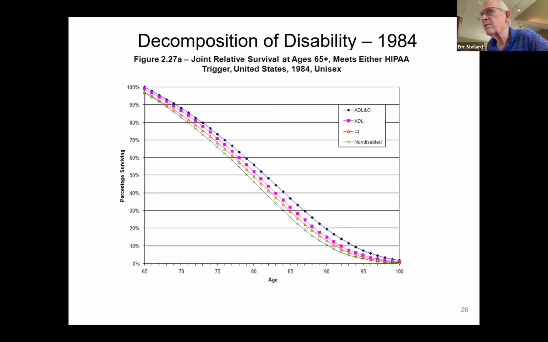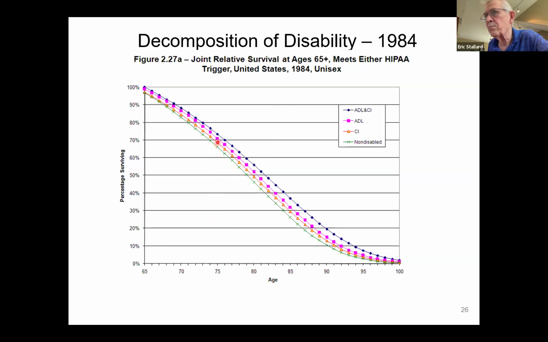If you're talking about compression, you normally look at a life table survival curve beginning at age 65. What I have here is a stacked line chart with markers. If you go vertically up, it shows the fraction of the population that is alive and free of disability using the HIPAA criteria.